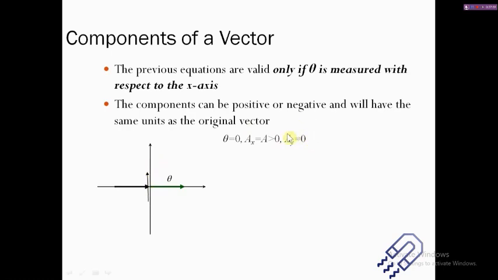AY is A sine theta. But what we see here is that with respect to the y-axis, there is no component. So what is this angle? 0, right? What is sine 0? 0, correct? So that means AY is 0, but that is mathematically.